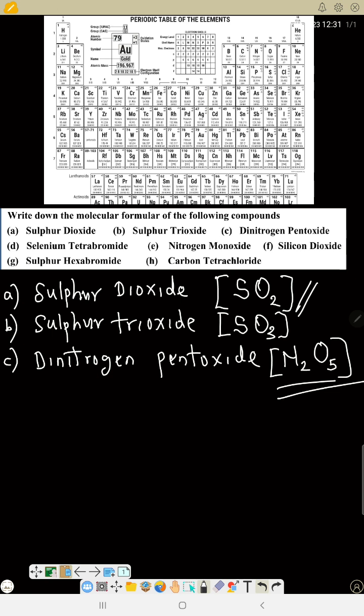Now if you see any question where you want to name any binary compound, you have to be sure: is it metal and non-metal, is it transition metal and non-metal, is it non-metal and non-metal. It's the one that will determine your naming. Now the next one, D, selenium tetrabromide.